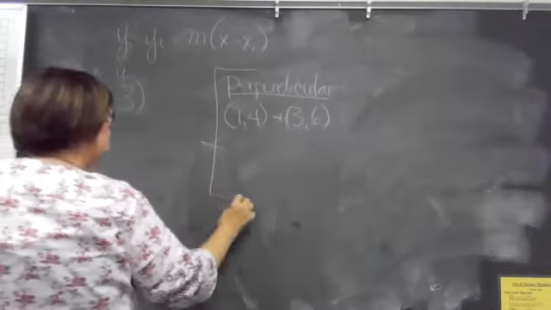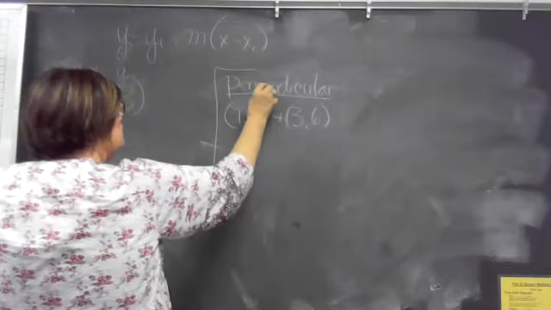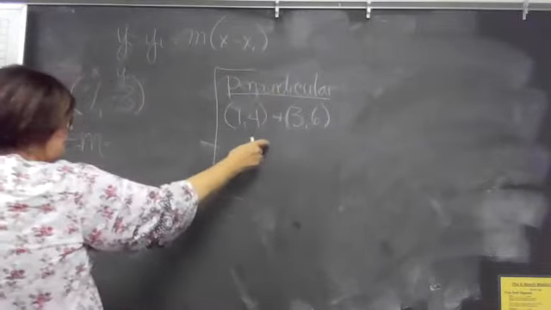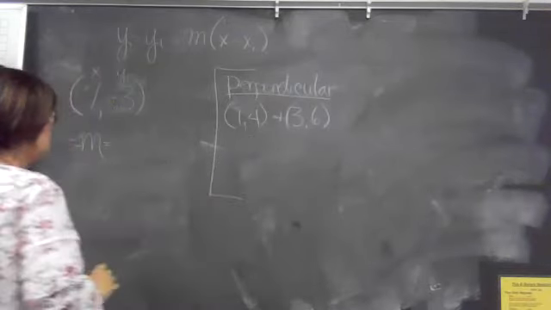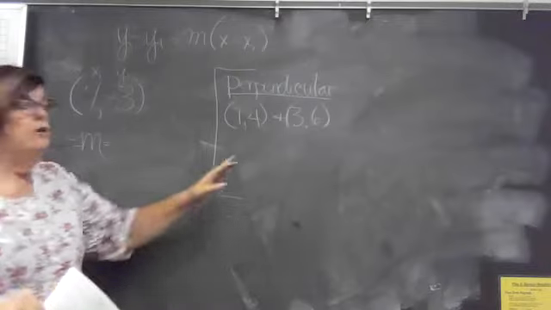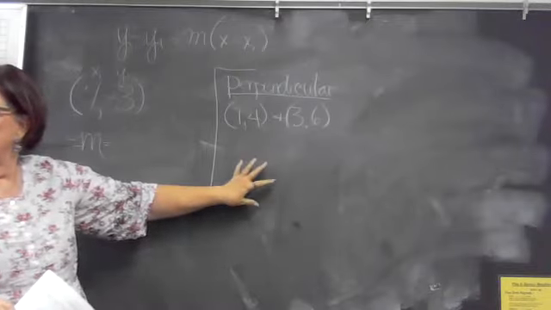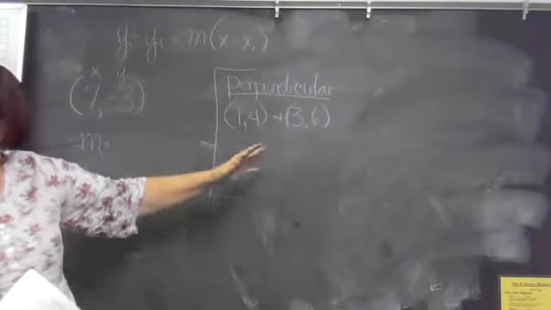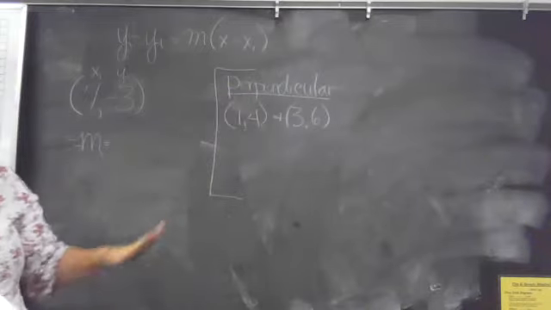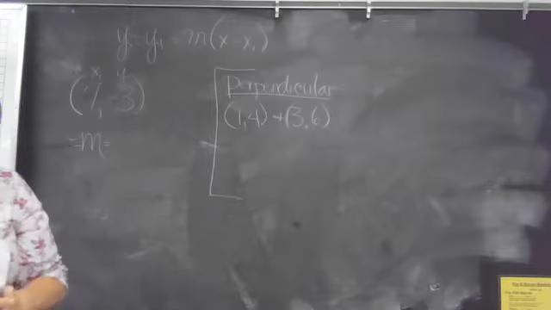They said, I want it to be perpendicular to this line. Is it because it's different? Yes, this is a different line. We're not going to write the equation of this line. The only thing we want out of the perpendicular or the parallel is the slope, right? That's all we want.